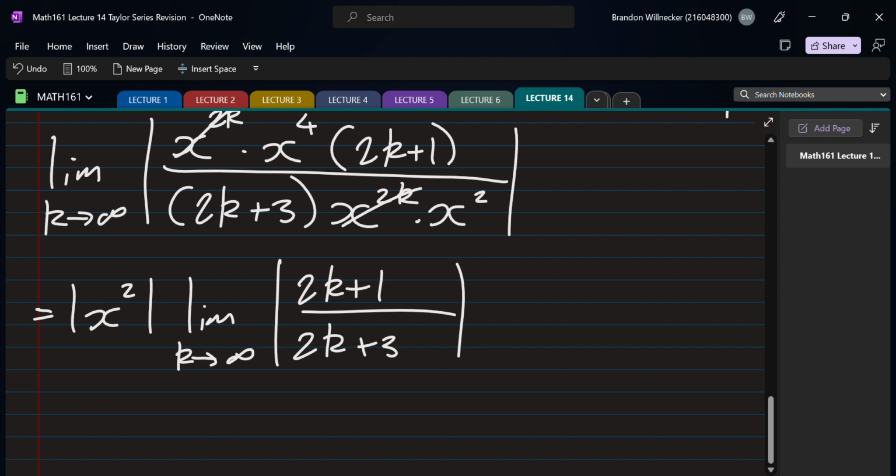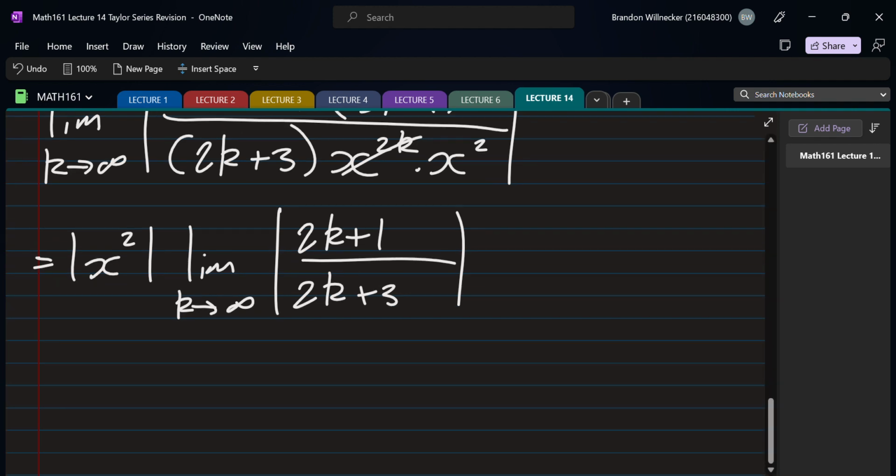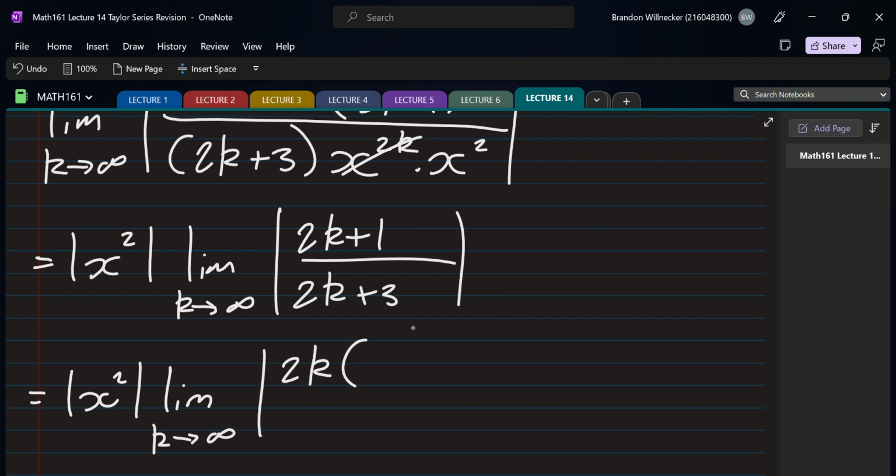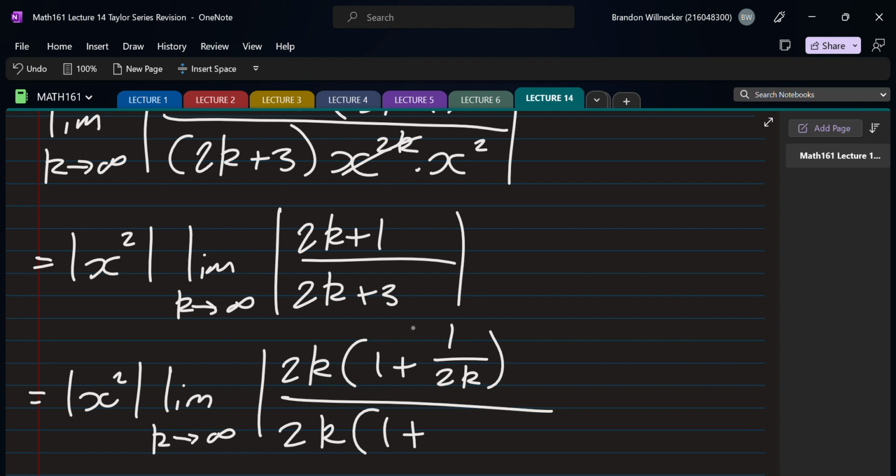Okay. Now with this one, you can do it a number of ways. You can use your L'Hopital's rule, because you got that infinity over infinity, or you can factor out a 2k at the top and the bottom. So here we can write it as x squared, limit k goes to infinity, 2k times (1 plus 1 over 2k), over 2k times (1 plus 3 over 2k).